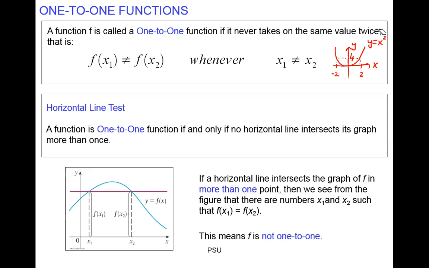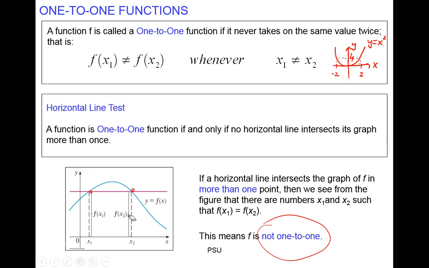We can use the horizontal line test as a tool to test the function. You can see I have a quadratic function, but upside down, with a negative leading coefficient, and drawing a horizontal line and having 2 points of intersection will indicate that the function is not 1-to-1, because I have 2 values.